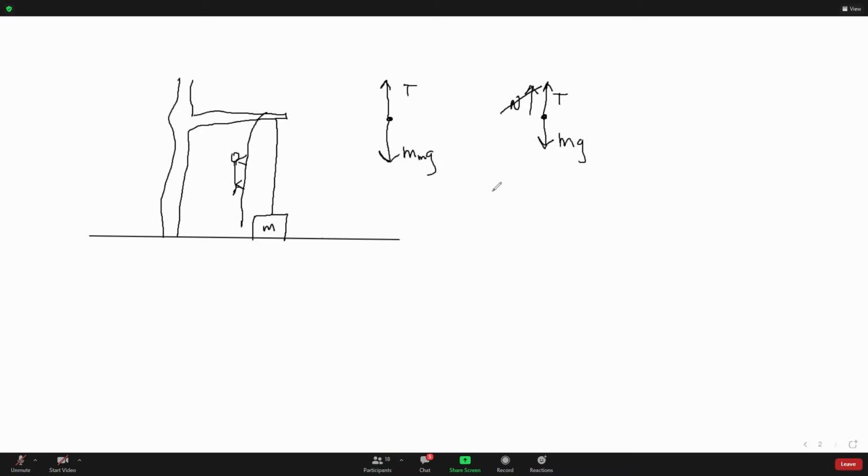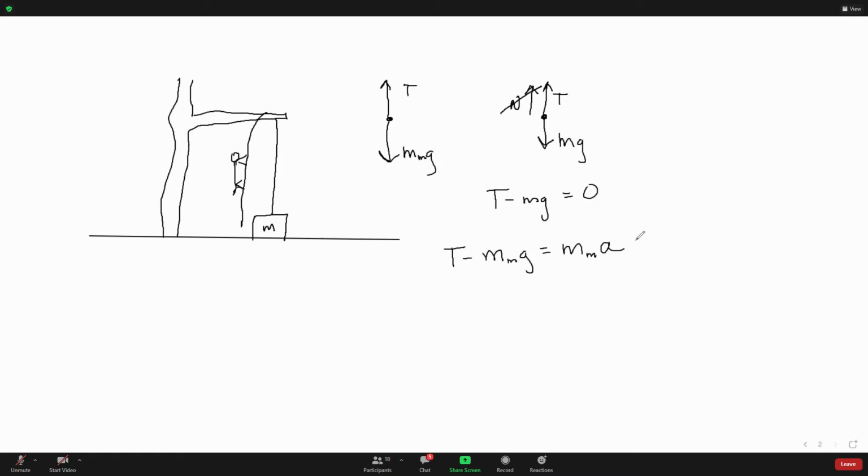So we have the tension minus Mg equals 0. Now for the monkey, we have the tension minus the mass of the monkey times g must equal the mass of the monkey times the acceleration a of the monkey. And I have two equations and two unknowns here, the tension in the rope and the acceleration of the monkey.